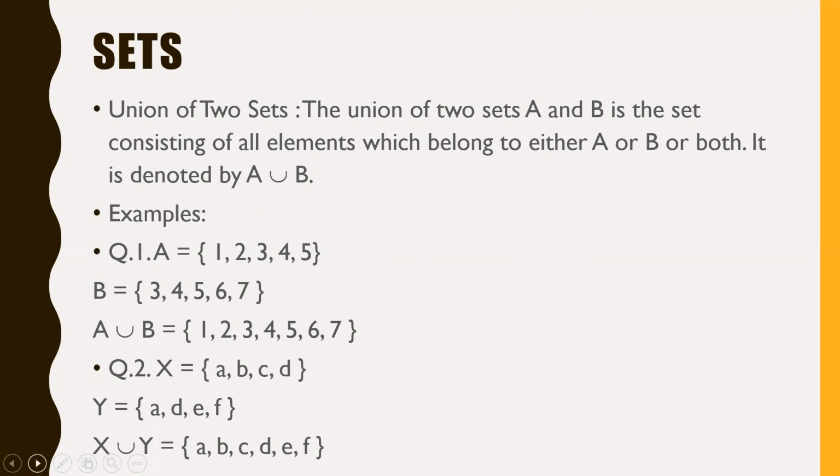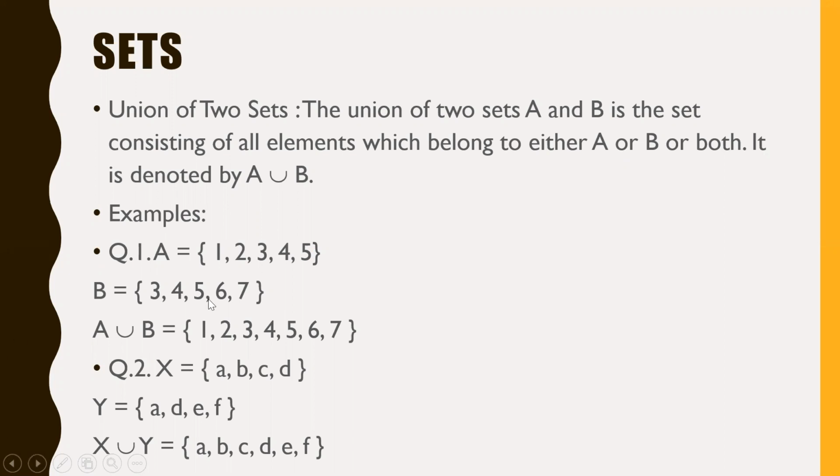According to the definition, all elements which belong to either A or B or both, we have to write. So all the elements of sets A and B we have to write, excluding the same element. The same element will be written only one time.